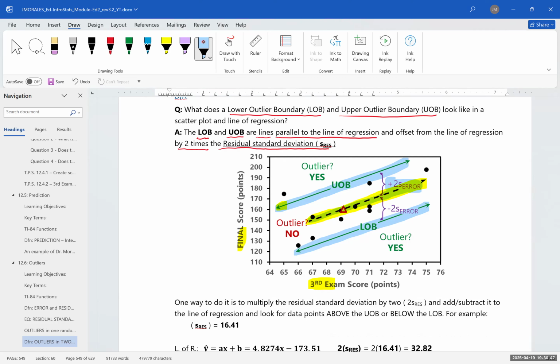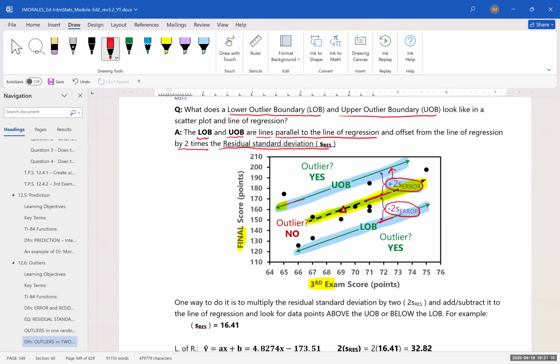So if you take the line of regression and you add 2 times the standard deviation of the error, then you'll get the equation of this line. If you take the line of regression and you subtract 2 times the standard error, then you'll get the equation for the lower outlier boundary.